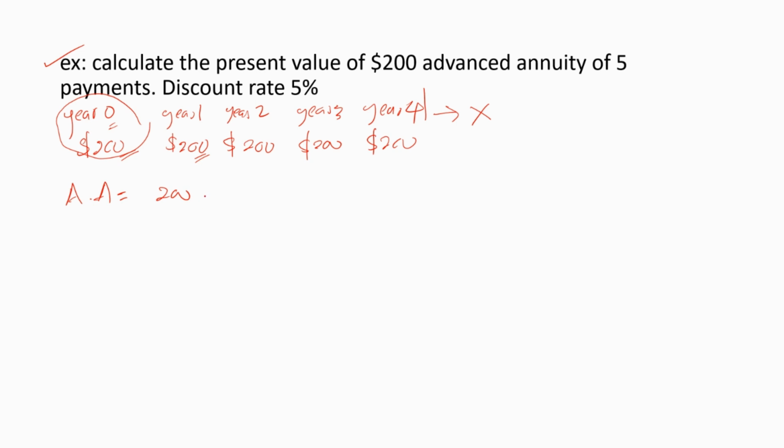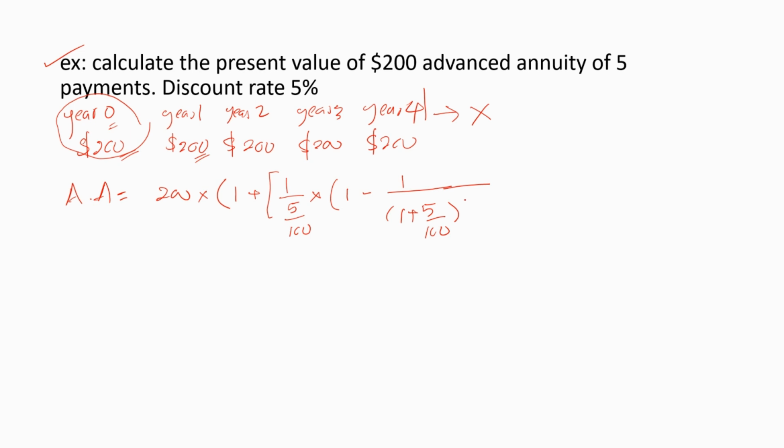So coming back to the formula, 200 multiplied by 1 plus 1 over r. R is 5%. Let's convert this percentage into decimal, 5 over 100, multiplied by 1 minus 1 over 1 plus r. R is 5 to the power n minus 1.